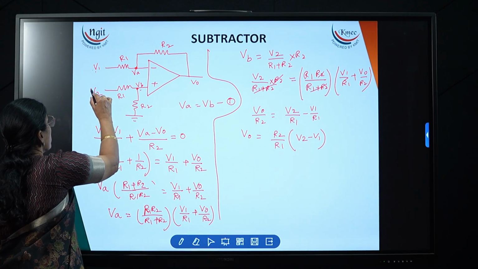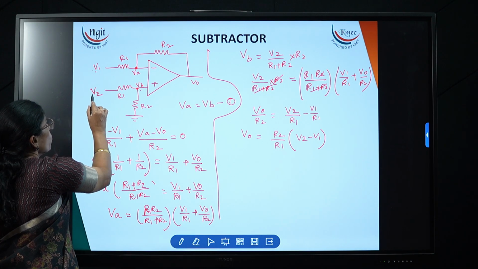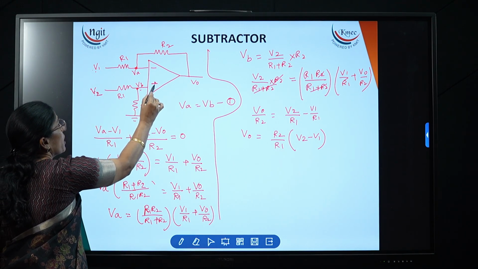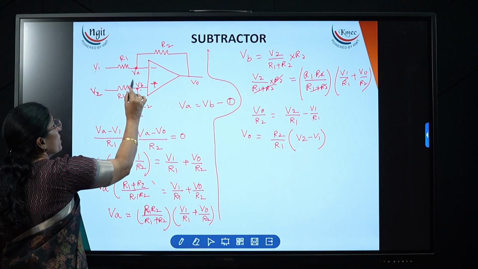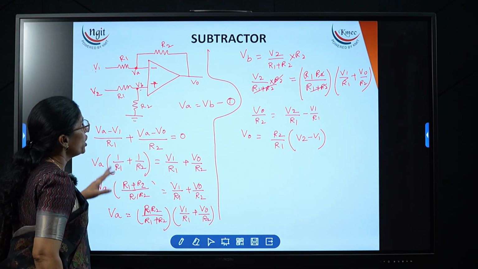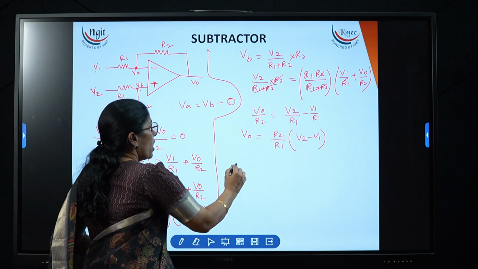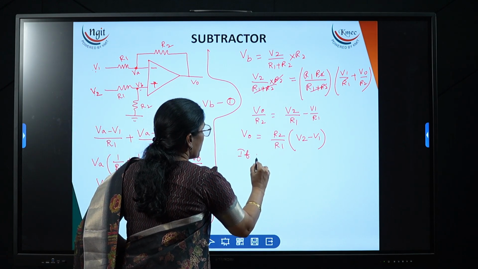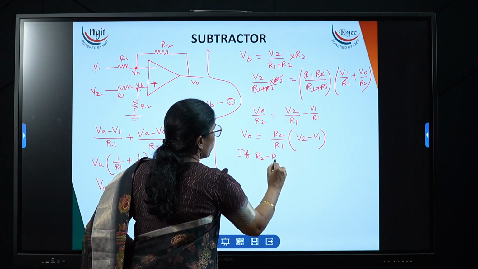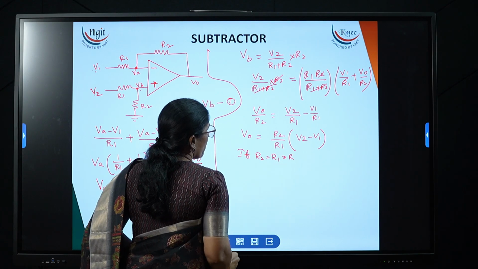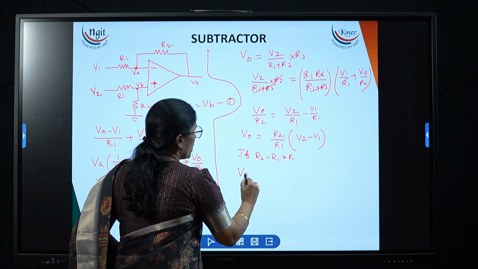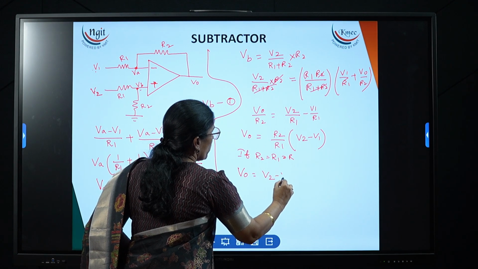Forget about the notation: whichever voltage you apply to the positive terminal, the output is positive terminal voltage minus negative terminal voltage into gain. If R2 is equal to R1 is equal to R, if all the resistors are the same, then you get V0 is equal to V2 minus V1.